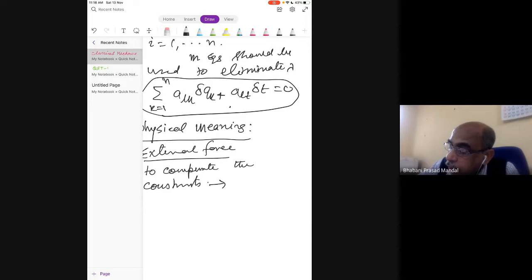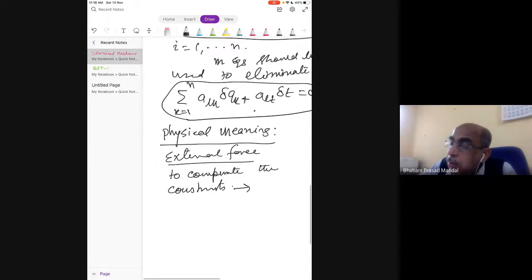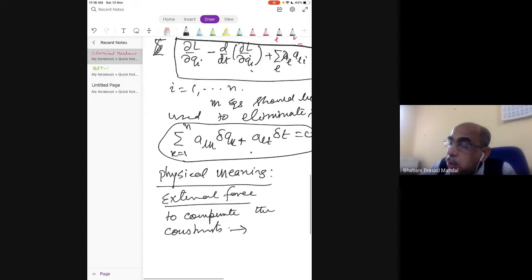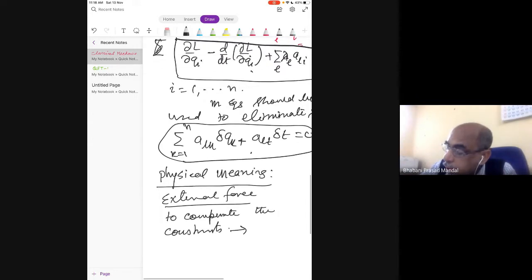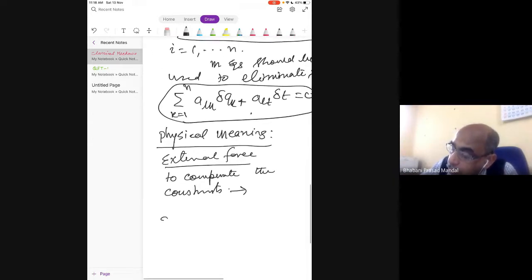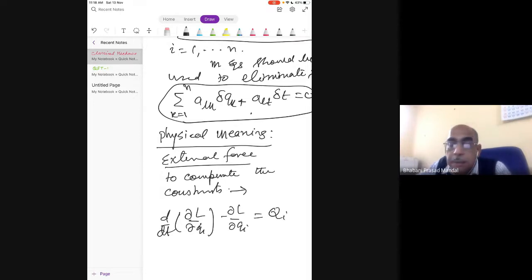If you don't have the constraints, the non-holonomic constraints, then we have seen that our equation of motion, if you recall, is d/dt of del L del Qi dot minus del L del Qi equal to the generalized force Qi.